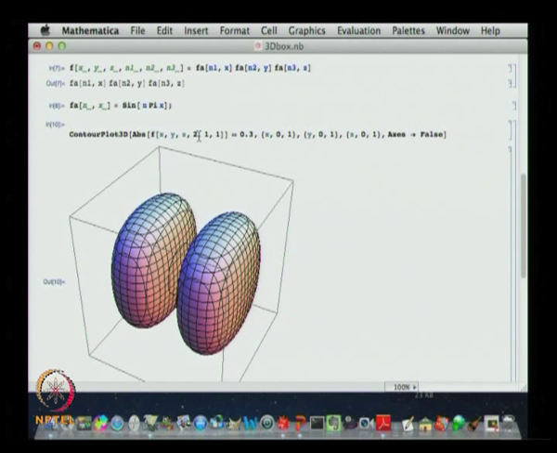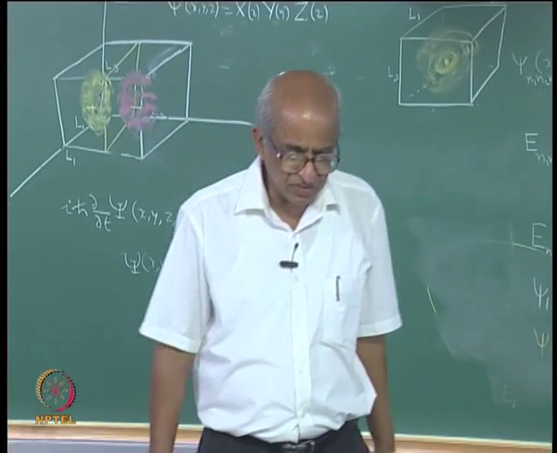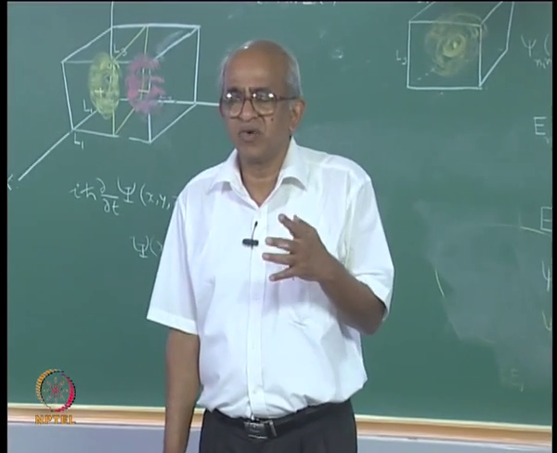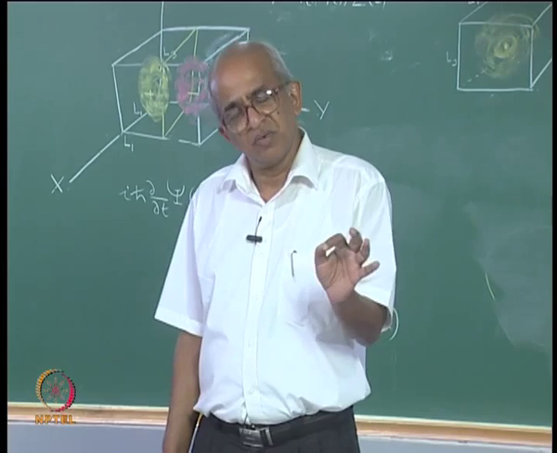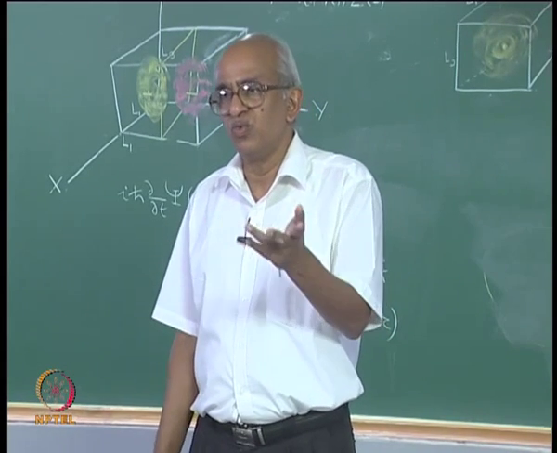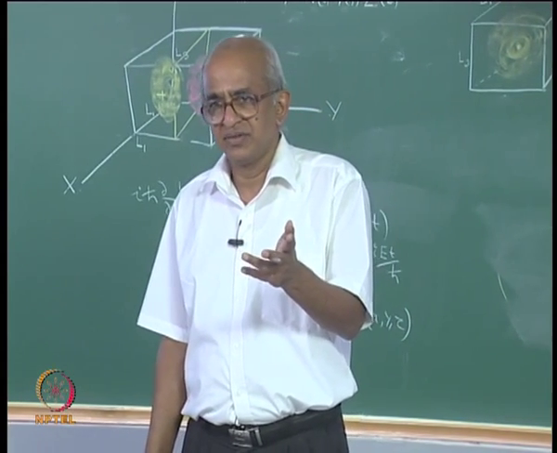So, obviously it is this one that I have put. I can plot other things also, but suppose I say all of them are 2, what would be the appearance?